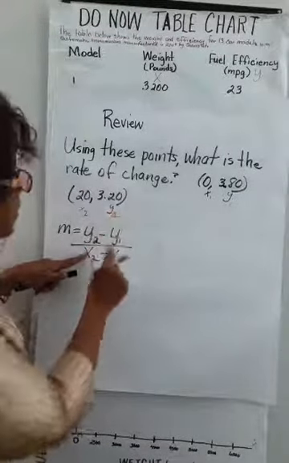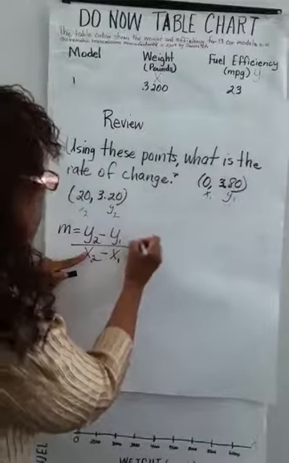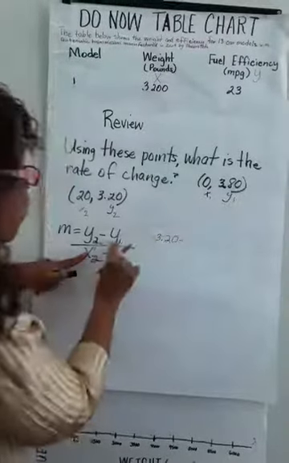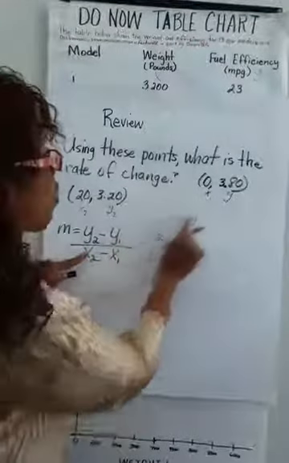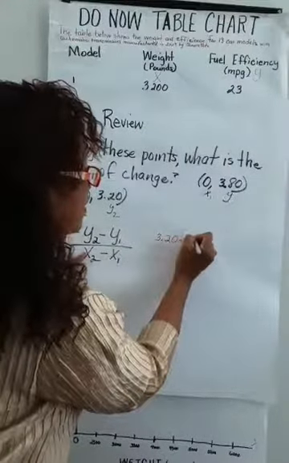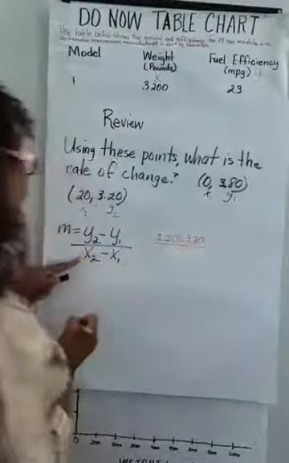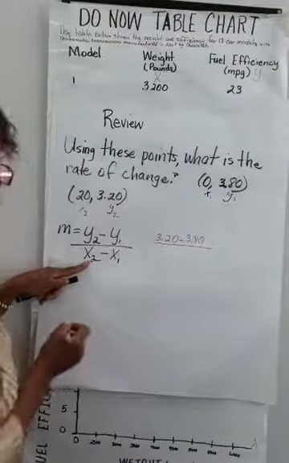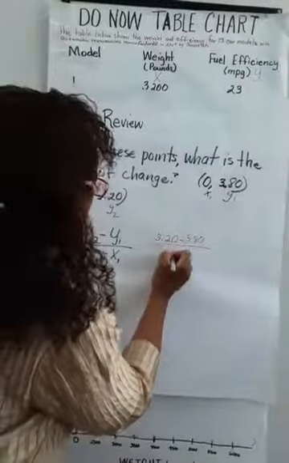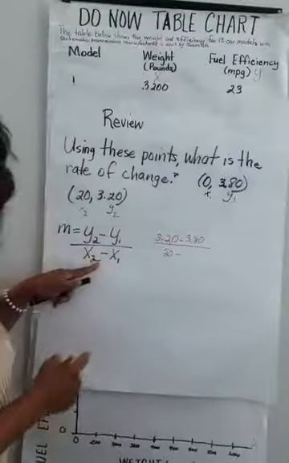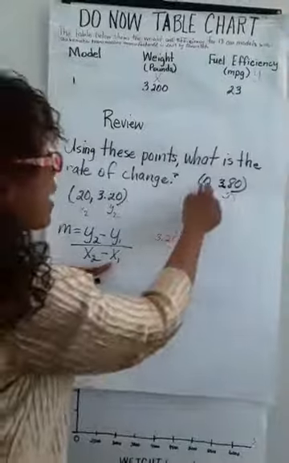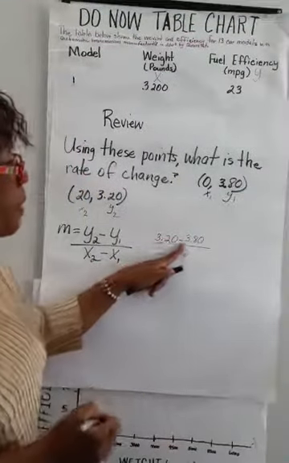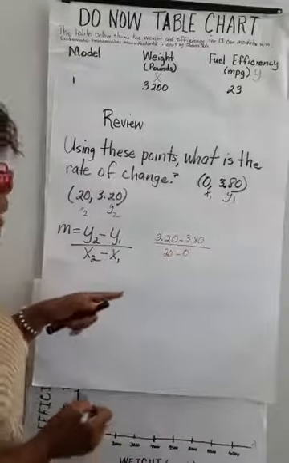Y sub 2 is $3.20. So I say 3.20 minus y sub 1, and y sub 1 was 3.80. And then after I find that, I want to know what is x sub 2. X sub 2 is 20 minus, because we're just plugging into the formula, x sub 1, and x sub 1 was 0. So then I subtracted 3.20 minus 3.80, and what do I get?